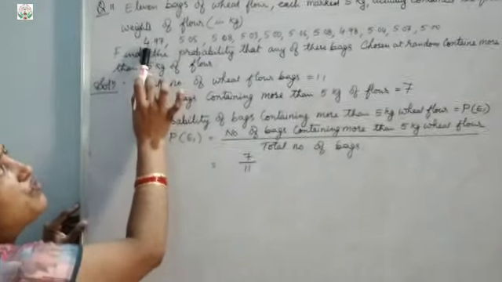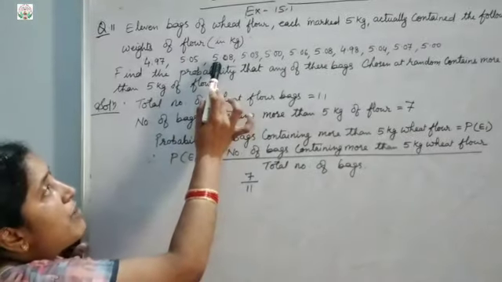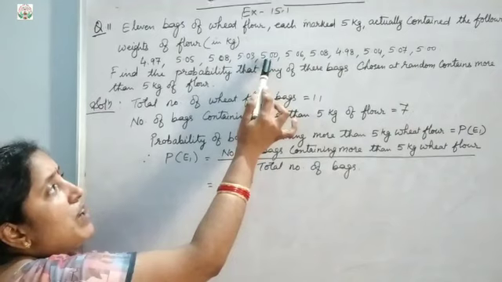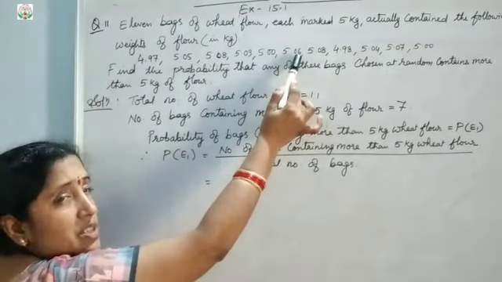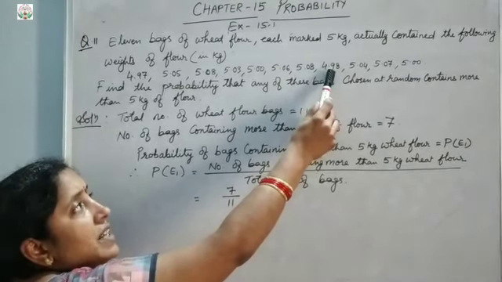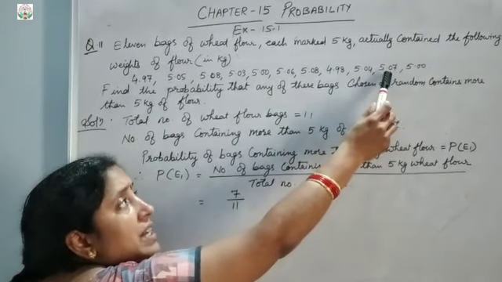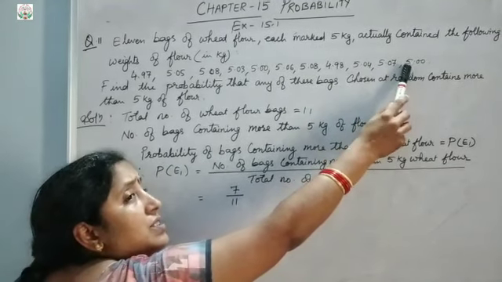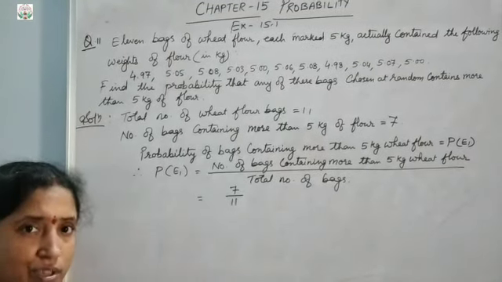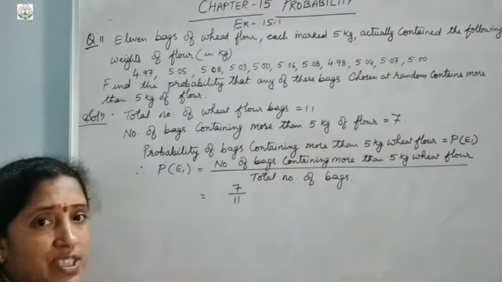In the first bag it is 4.97, the second bag 5.05, third bag 5.08, fourth bag 5.03, fifth 5, sixth 5.06, seventh bag 5.08, then the next bag 4.98, then 5.04, then 5.07, and the last bag, the 11th bag, contains 5 kg. It is printed there, marked as 5 kg each.